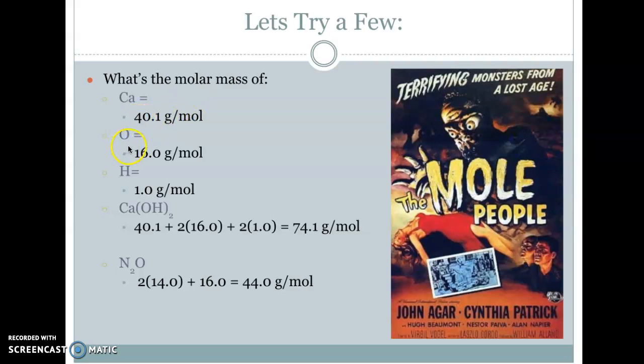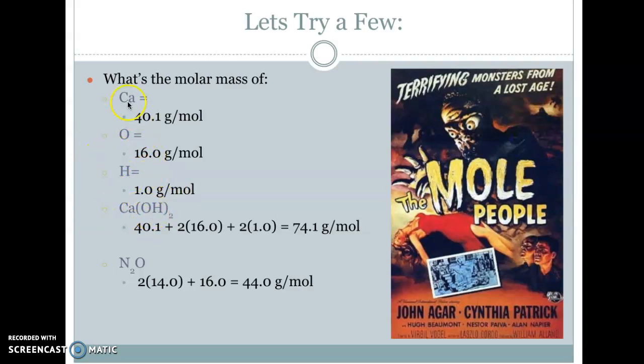Oxygen, that's element number 8, kind of near the top right, it says 15.999. Rounded off to a tenth, that's going to be 16.0 grams per mole. Hydrogen, that's on the very top left, that says 1.0079, so we round that off to a tenth, it's just going to be 1.0 grams per mole. A lot of the main elements that we use, like oxygen and hydrogen, a lot of them round off to just 0.0, so it makes the math a little easier.